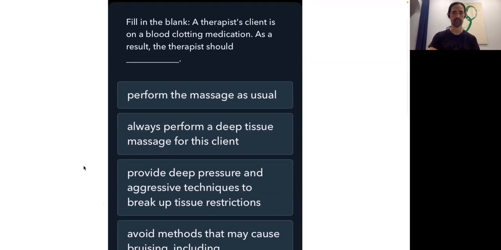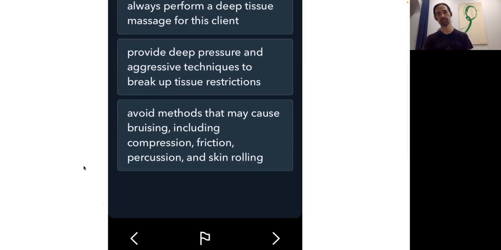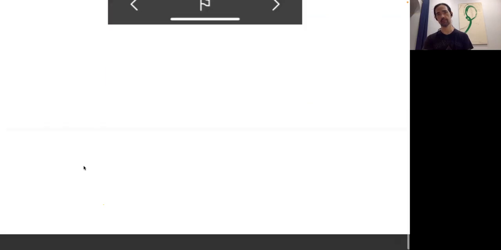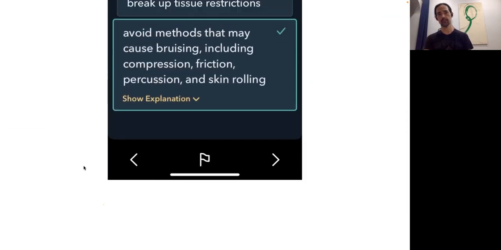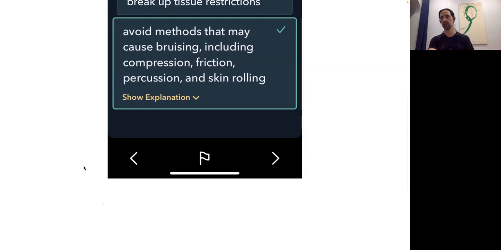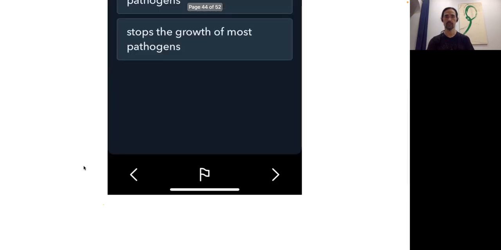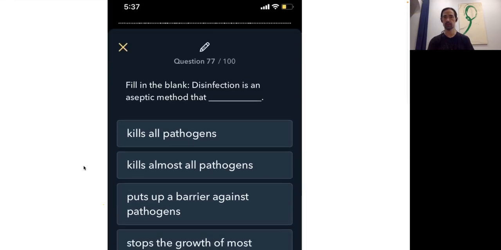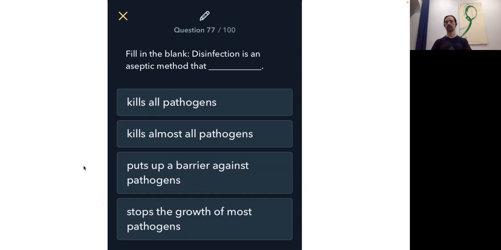Blood clotting medication, I think the answer is almost obvious. Avoid methods that may cause bruising, including compression, friction, percussion, and skin rolling. Anybody want to follow up on that? You all good with that? Okay.